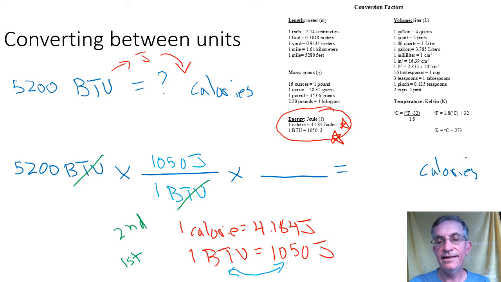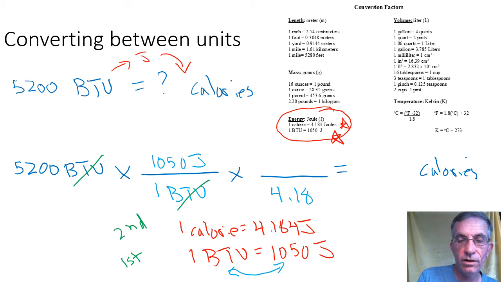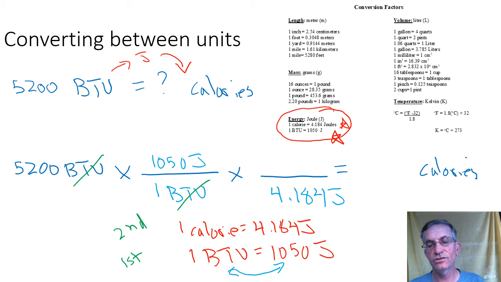Okay, now what is going to go on the bottom of the next step? What are you going to be putting right here? It should be 4.184 joules.